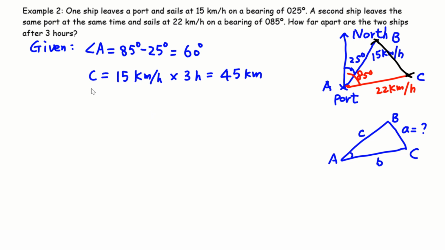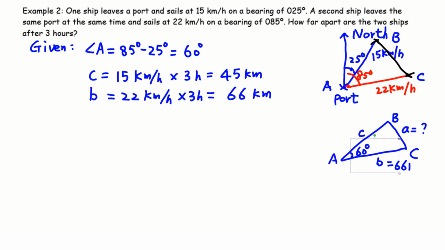And another ship traveled at 22 kilometers per hour for 3 hours. Times it, we have 66 kilometers. So in this triangle, we have 60 degrees, 66 kilometers, 45 kilometers.